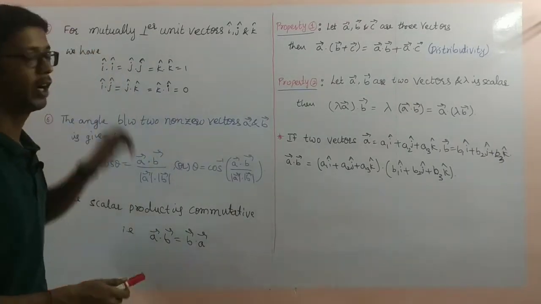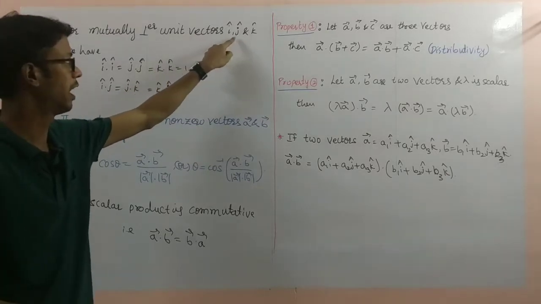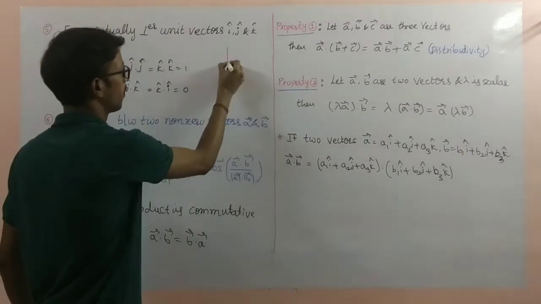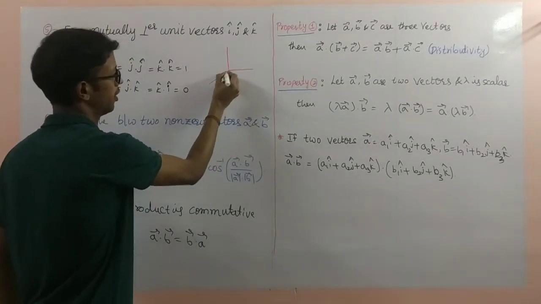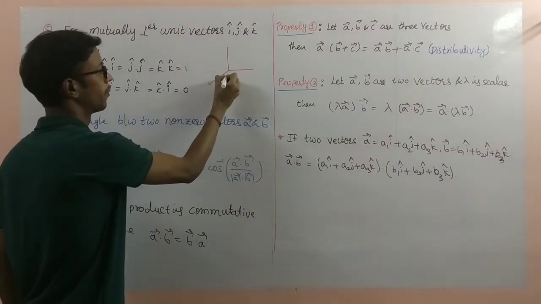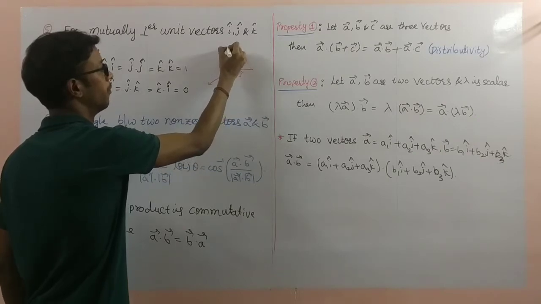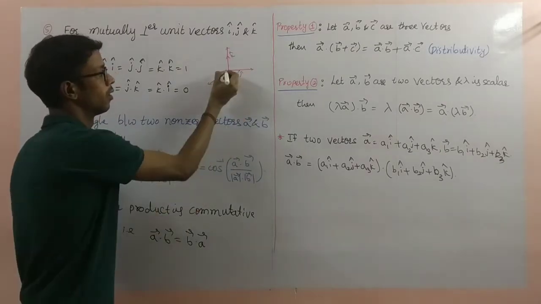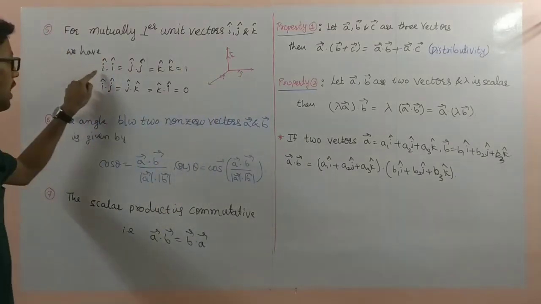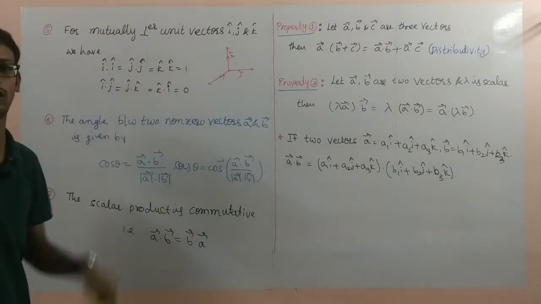Next, note point 5. For mutually perpendicular unit vectors i cap, j cap, k cap. Mutually perpendicular means, actually this diagram will be in space. So i cap, j cap and k cap, this is mutually perpendicular. Then we have i dot i, j dot j, k dot k equal to 1. Why?